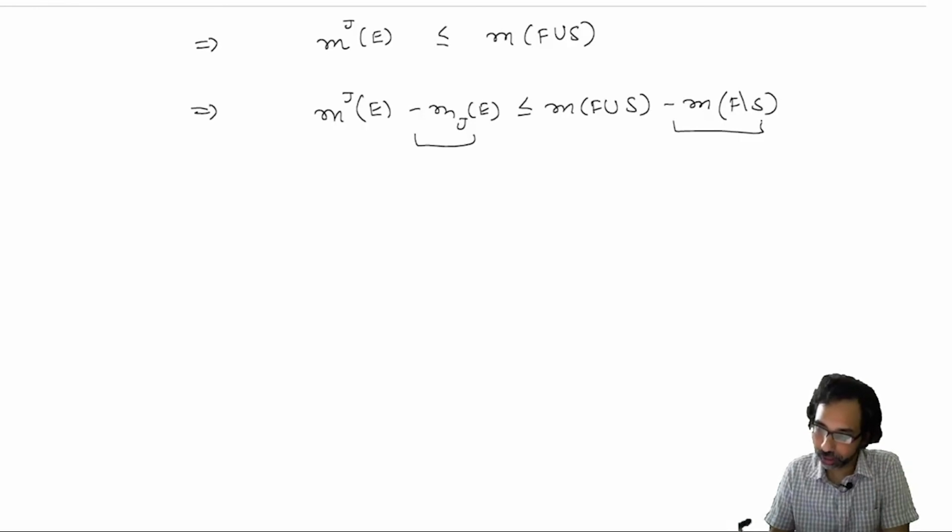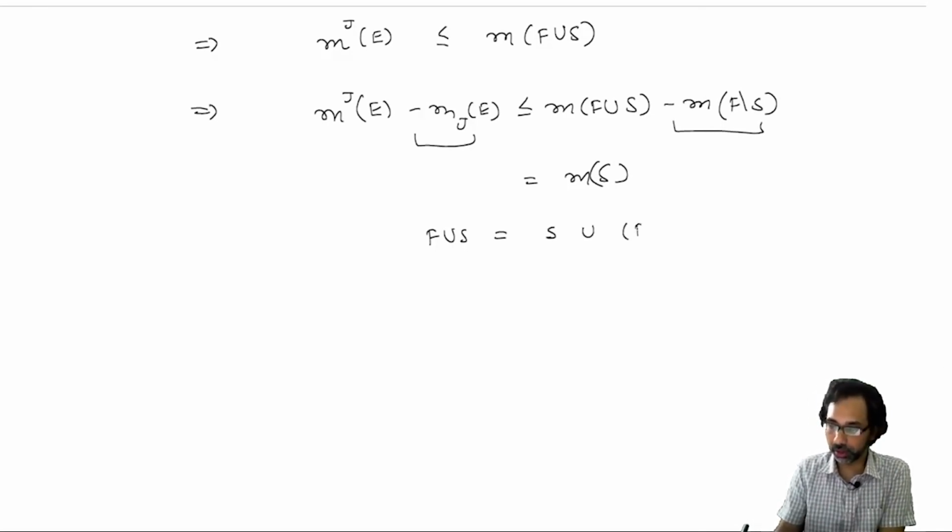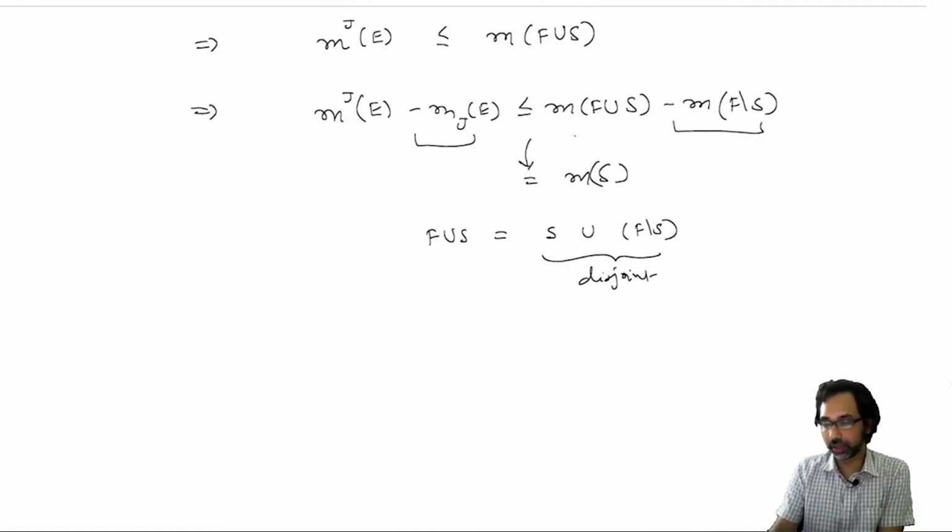Okay. So now notice that this right hand side is equal to the measure of S itself, because F union S can be written as S union F minus S, and this is a disjoint union, and one can use finite additivity to get this equality: the measure of F union S minus the measure of F minus S is equal to the measure of S. But S was chosen to have measure less than or equal to epsilon.